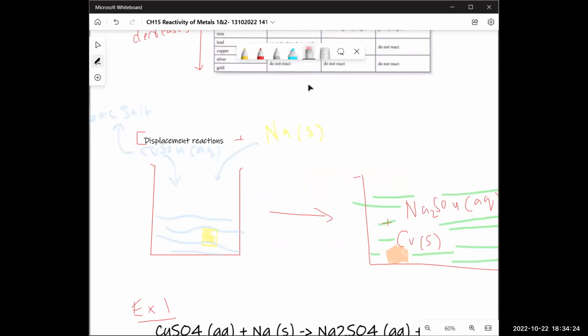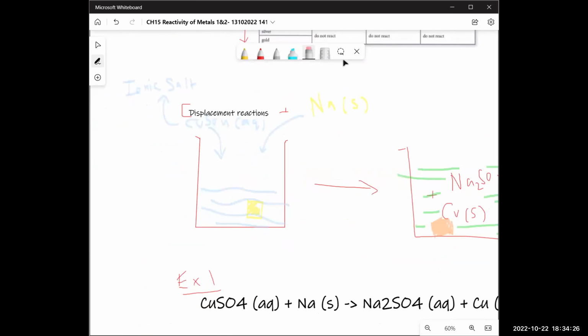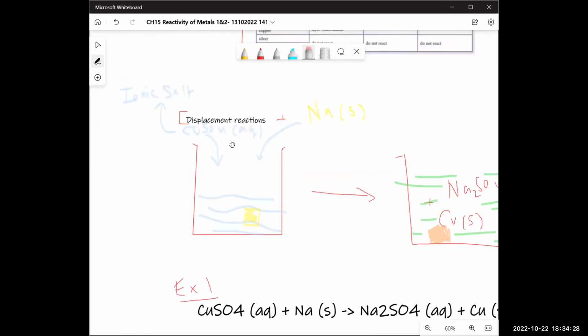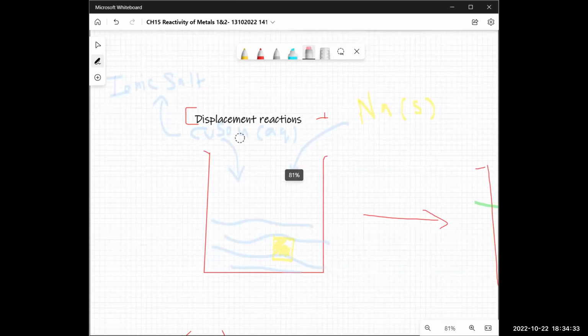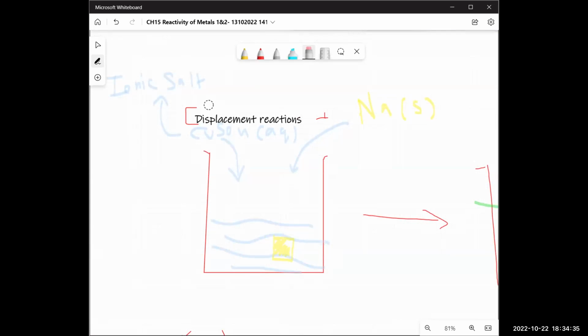The next thing is displacement reactions. Now look at this, what happens? What happens is, let's say I had copper sulfate solution. Now copper is a metal, obviously, and it's not reactive, is it? It's in the bottom.